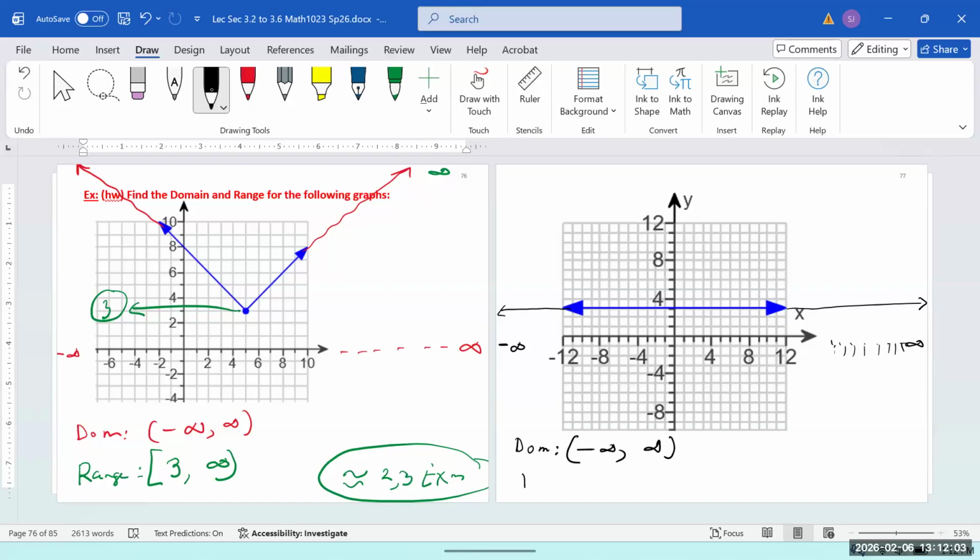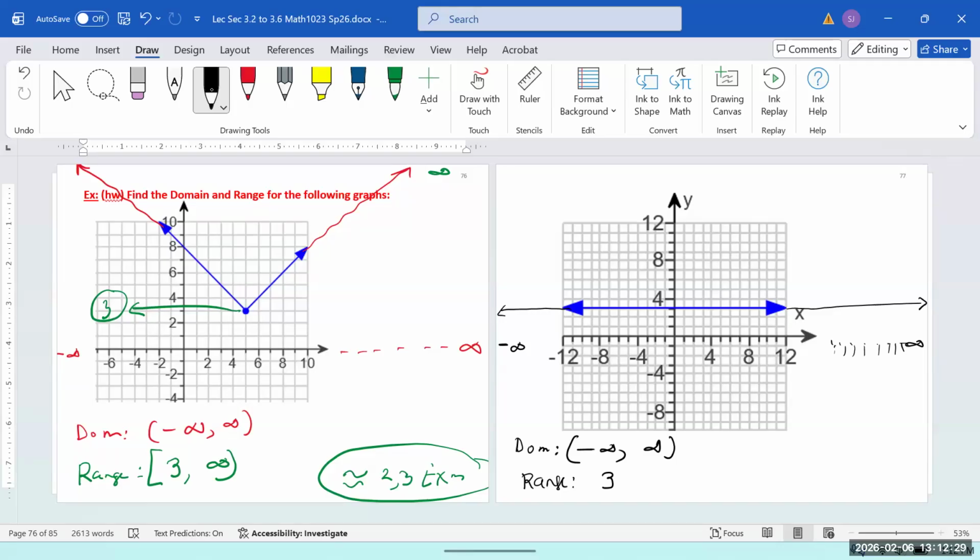Now range is an interesting thing here. What is the lowest y value you see in a graph? 3. Good. What's the highest y value you see in the graph? Still 3. So how many numbers do you have in your range? Only 1.